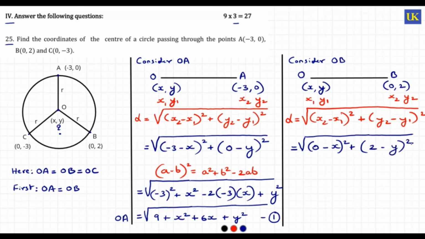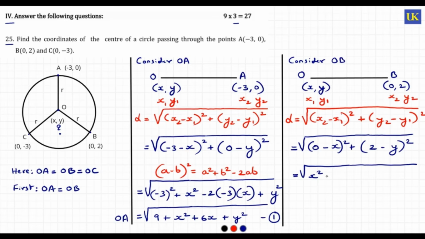So y square. Now 0 minus x, so it will be x square only. Minus x square is again positive x square. Similarly, what we took here, minus y the whole square, is positive plus y square, same, because when we do square, minus into minus will become plus.